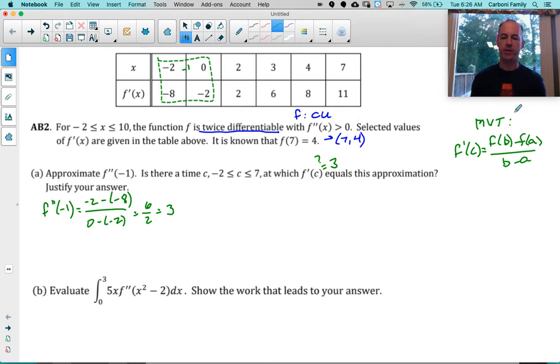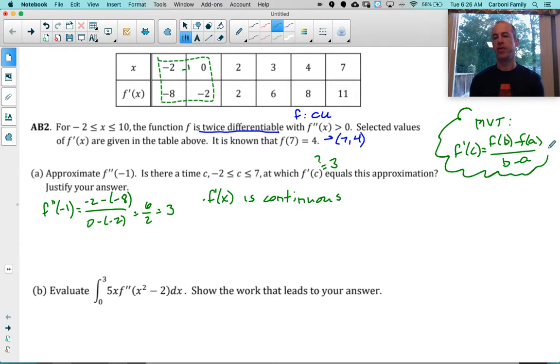That's not going to work this time because we don't know what f is. We only have f of 7. We do have a table of values for f prime, and because f is twice differentiable, that means that my derivative is continuous, and we will use the intermediate value theorem on this one. So that was just kind of a fleeting thought that I abandoned.